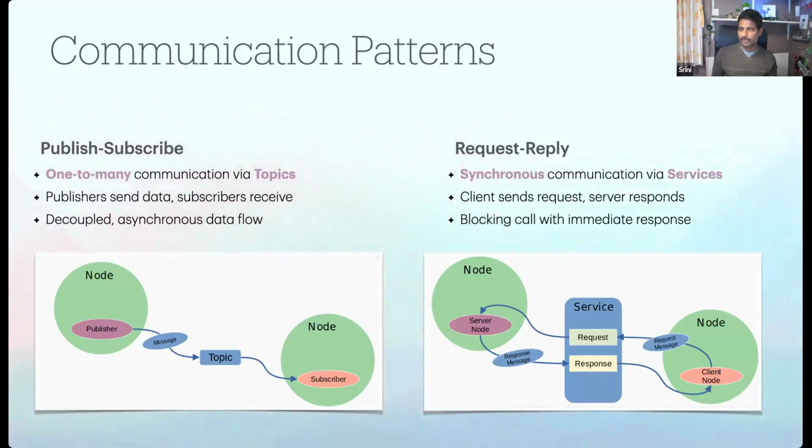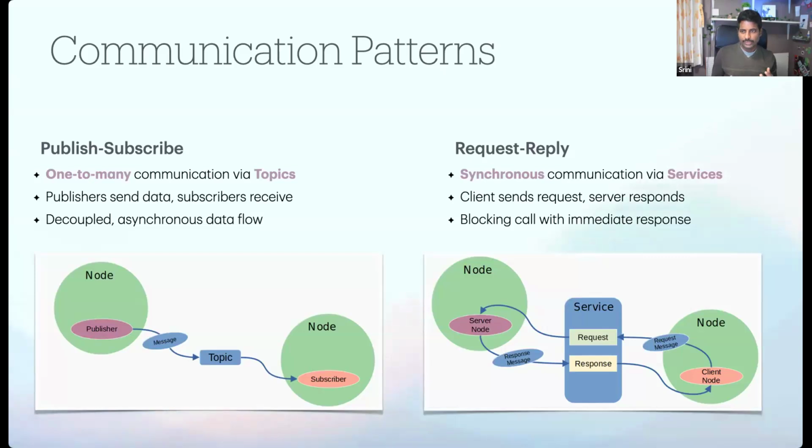The second mode, a little bit more complicated, is something called services. In the publish-subscribe model, if node A tells node B to do something and it's instantaneous, then it will do it and publish the result.